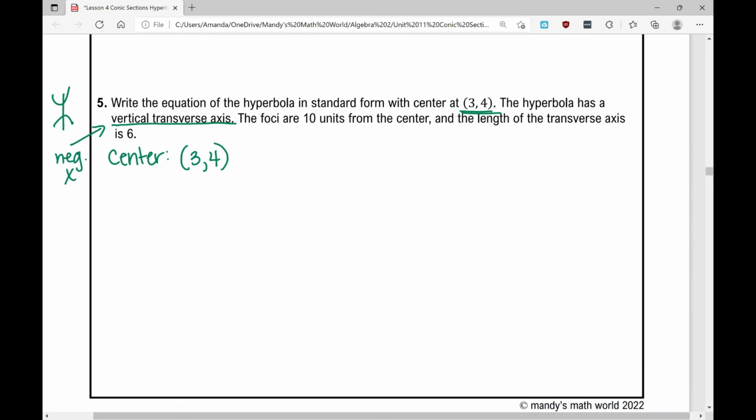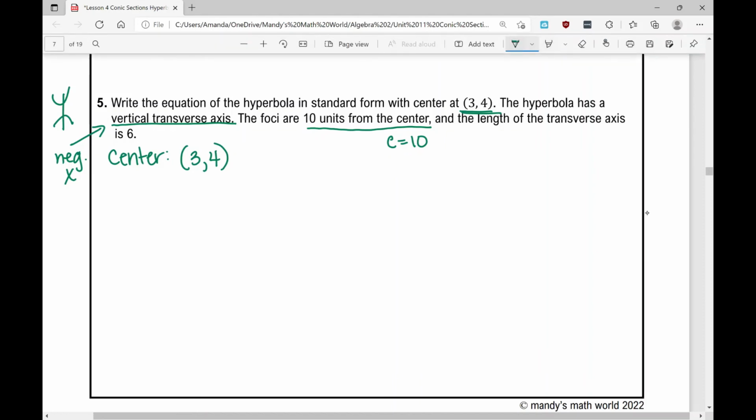There's negative x. The foci are 10 units from the center. That's the value of c, right? The focus is the distance from the center point to the focus. If it's 10 units from the center, then c equals 10. The length of the transverse axis is 6.